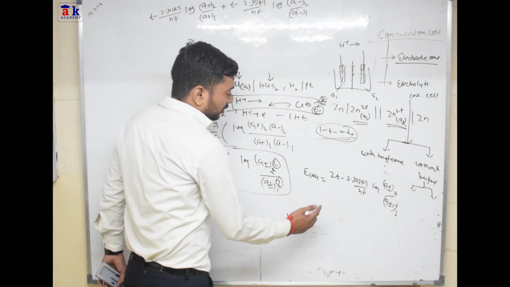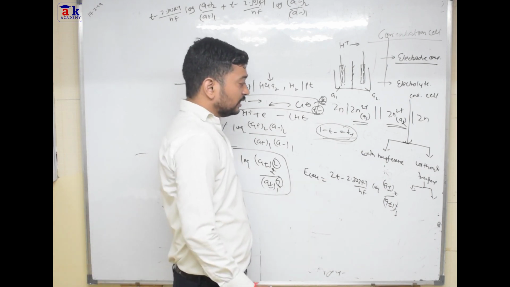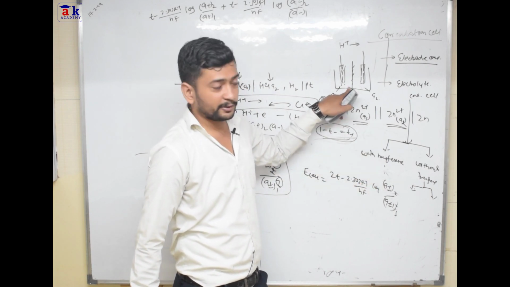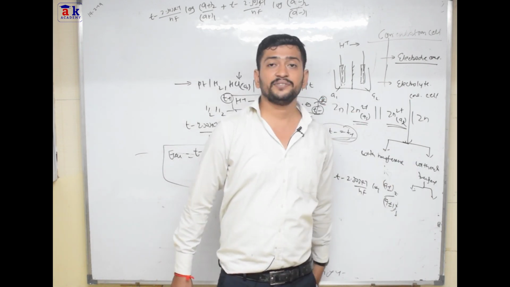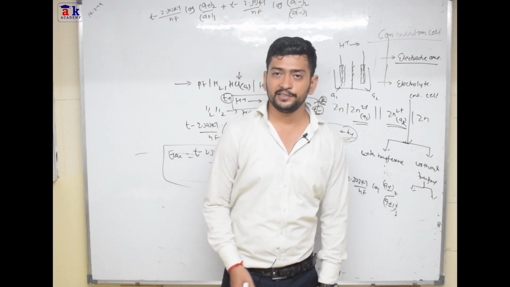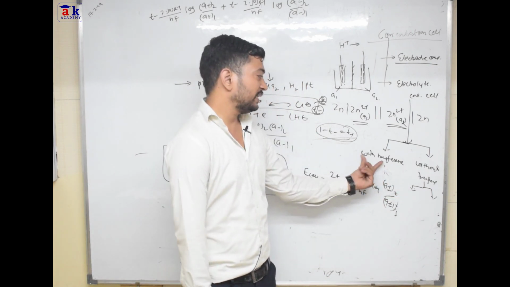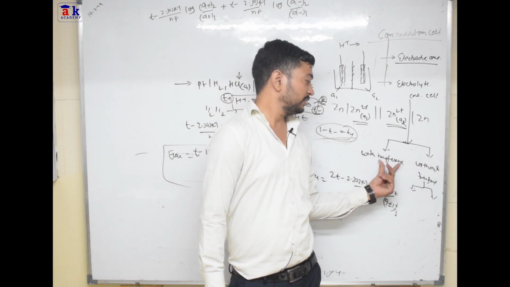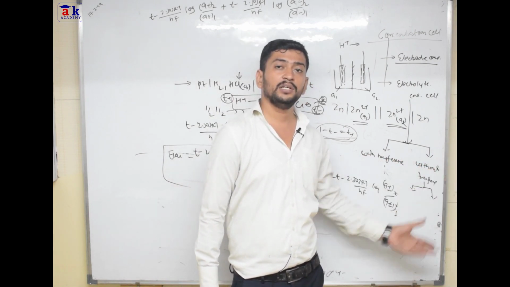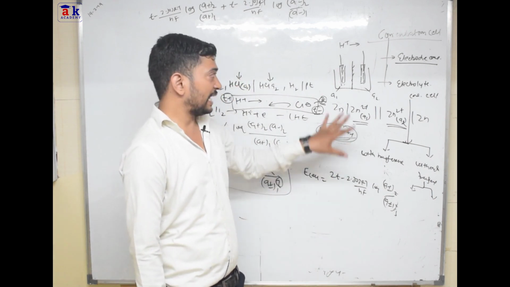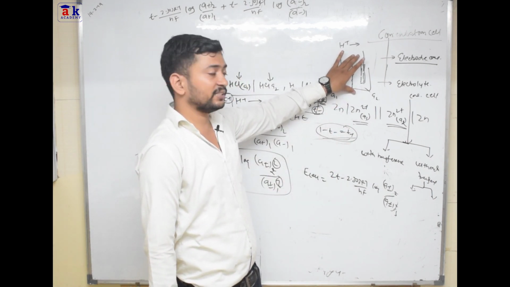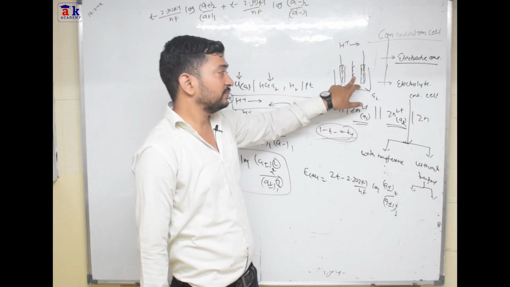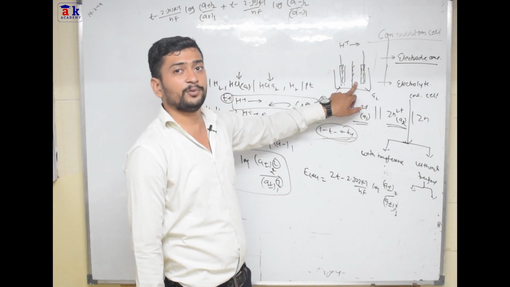So you have got this formula, and in the case of with transference only we get the liquid junction potential, and in case of without transference we don't get the liquid junction potential. If so, what we can do is subtract this, and this minus this will give you the liquid junction potential. Suppose I have the same cell, and in this case this is with transference, so definitely the liquid junction potential is there.